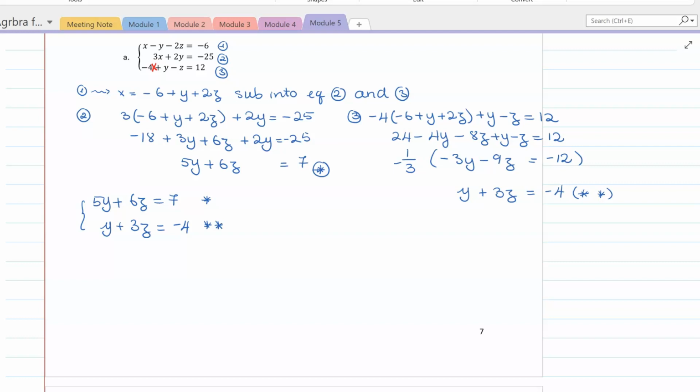I'll continue solving this using substitution. From the 2 star equation, I will solve for y. Y then equals negative 4 minus 3z. I will substitute this result into equation star.